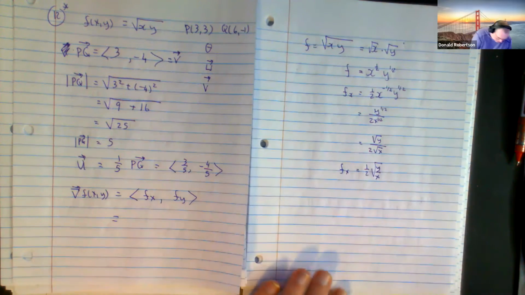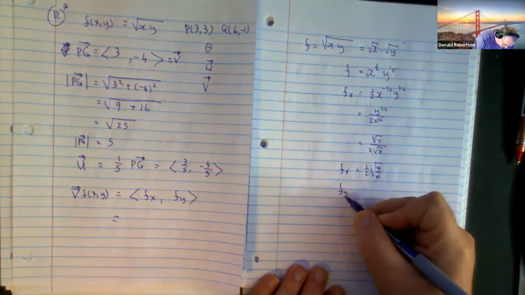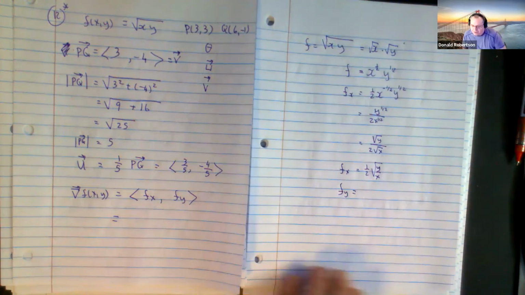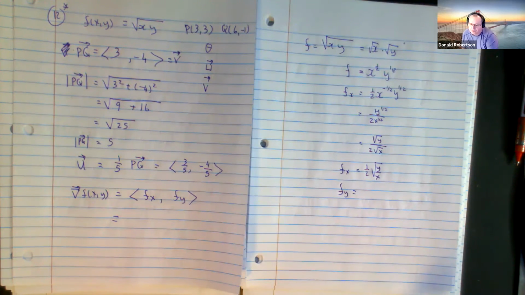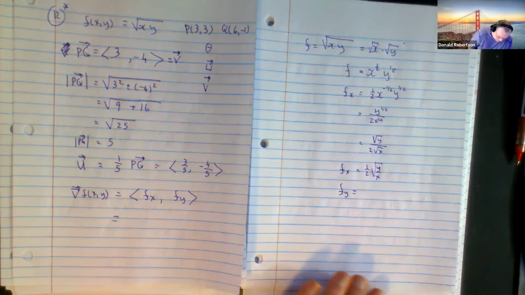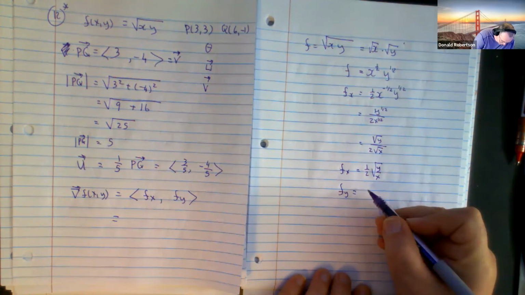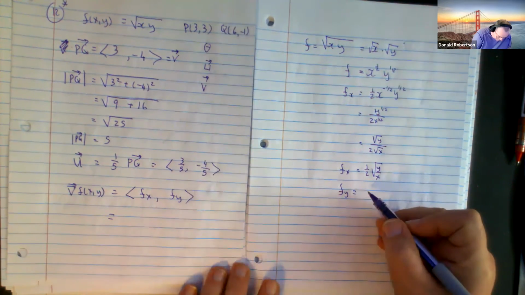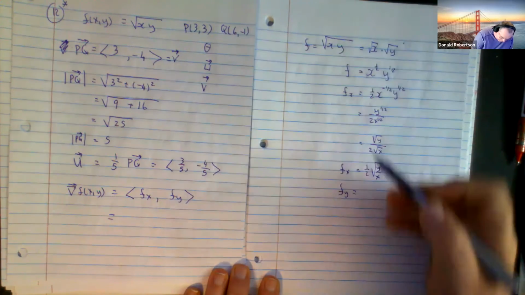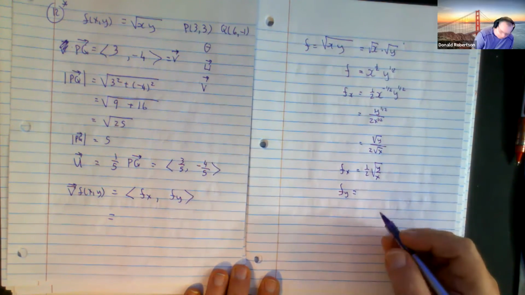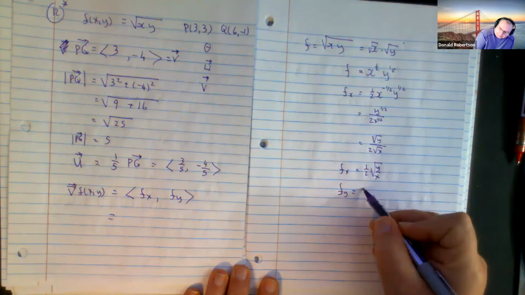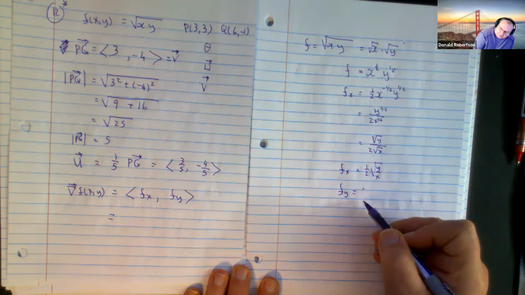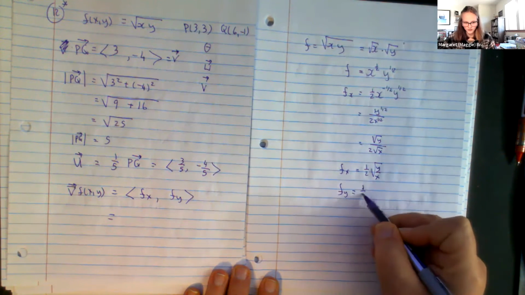Right. Now, it is symmetric. That means I should be able to predict Fy without any extra work. I'll take any takers here. What is the partial derivative of this function, but with respect to y this time? One half root x divided by y.